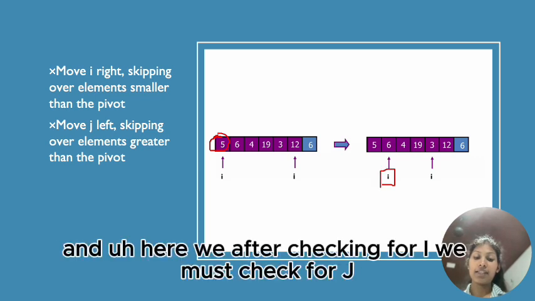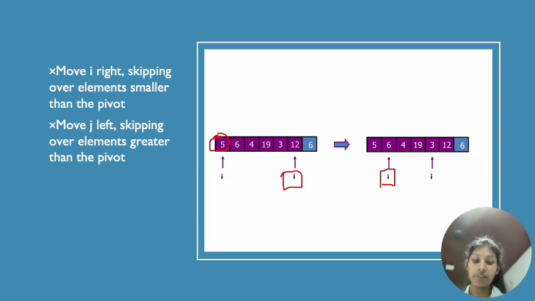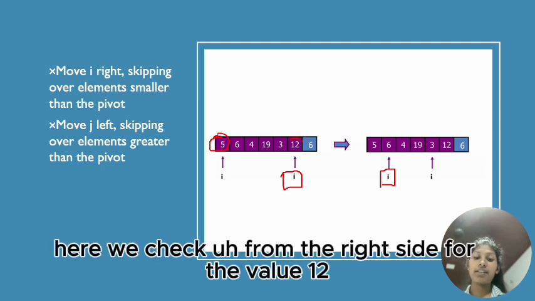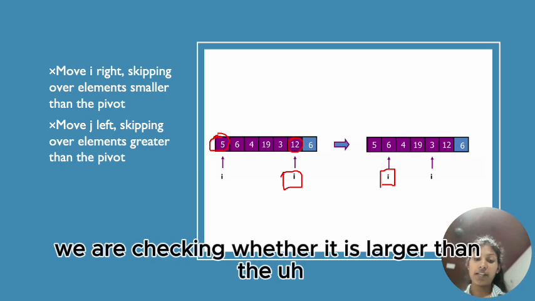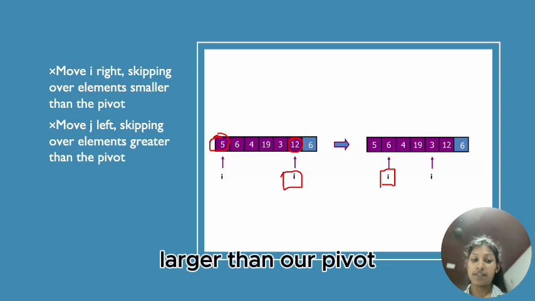After checking I, we must check J. Here we check from the right side the value 12, whether it is larger than our pivot.